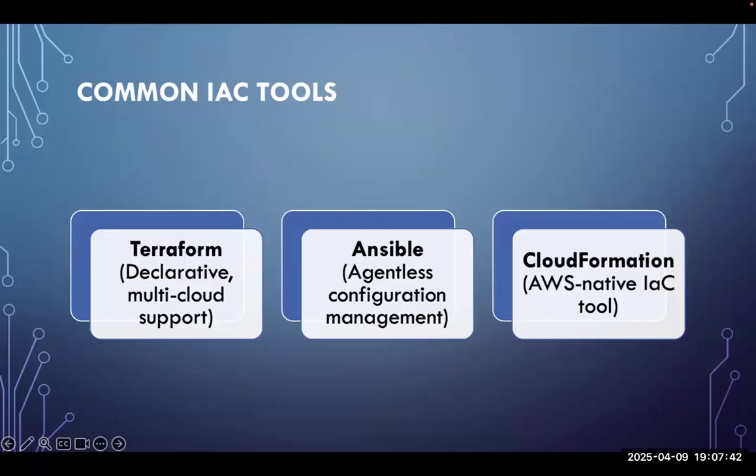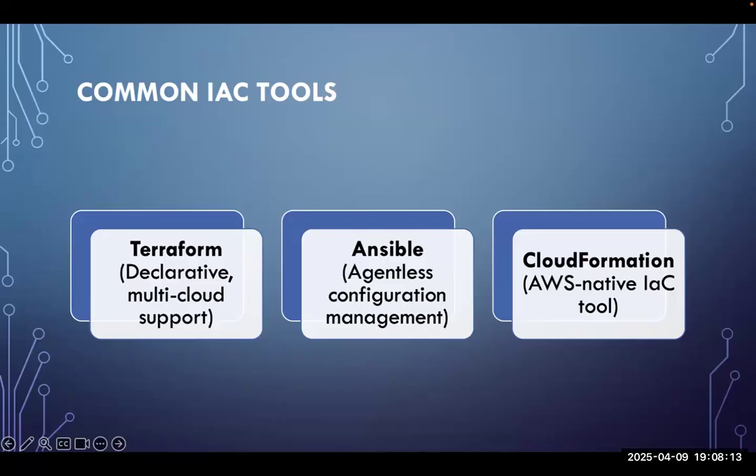Another major advantage of Terraform is its extensive ecosystem of providers and modules, which allow for reusable modular infrastructure components. Ansible, on the other hand, is an imperative configuration management tool that is agentless and highly flexible. It is primarily used for automating software provisioning, configuration management, and application deployment. Unlike Terraform, which focuses on infrastructure provisioning, Ansible excels at managing system configuration and automating repetitive administrative tasks.